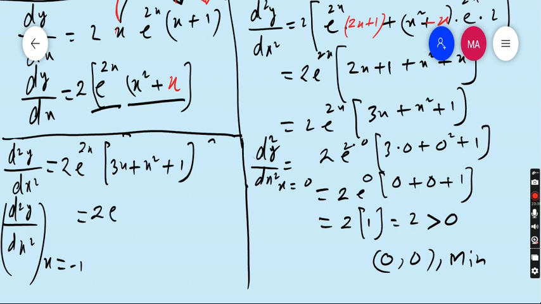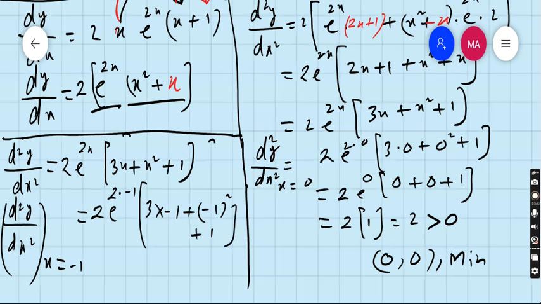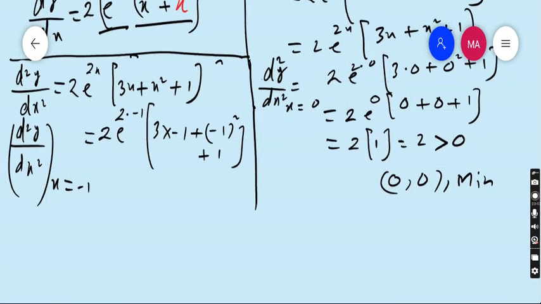So 2e^(2 into -1), 3 into -1 plus (-1)² plus 1. 2 into -1 is -2, 3 into -1 is -3, plus (-1)² is plus 1, plus 1.